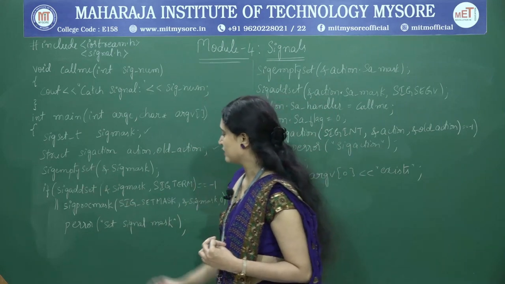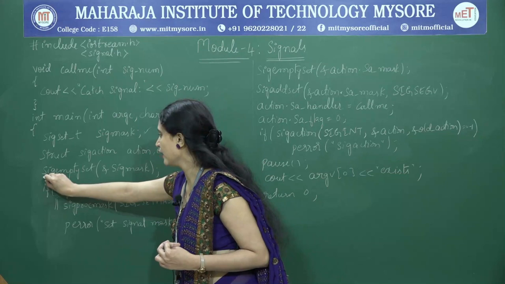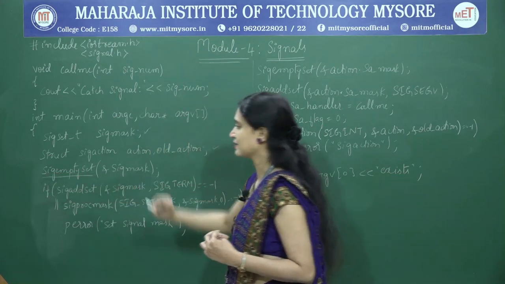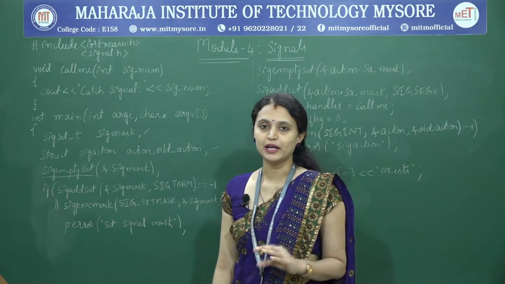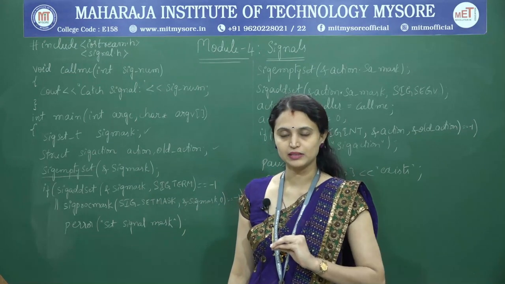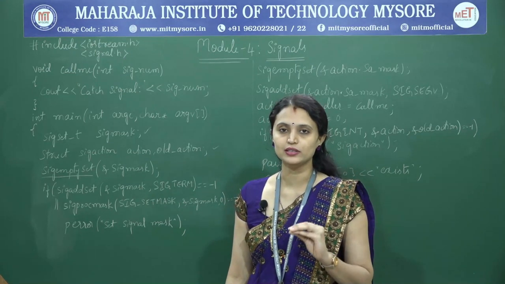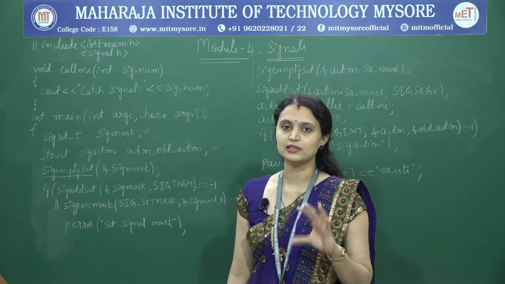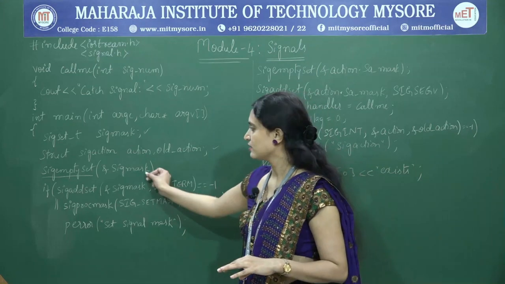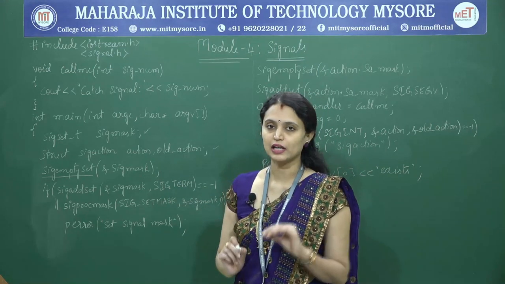First, what we are doing here is sigemptyset(sig_mask). So we are calling the API sigemptyset, which will clear all the bit flags, or all the signal flags, of this particular signal mask. It clears everything.